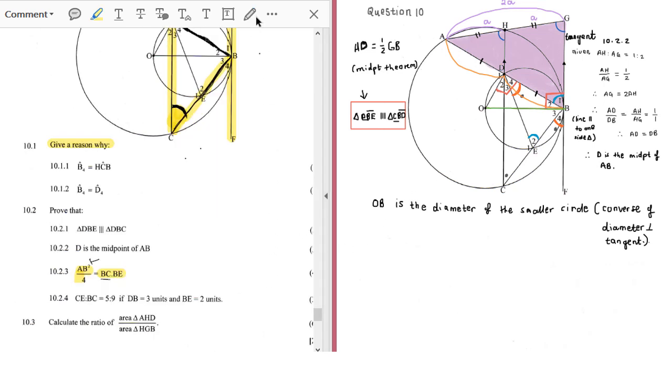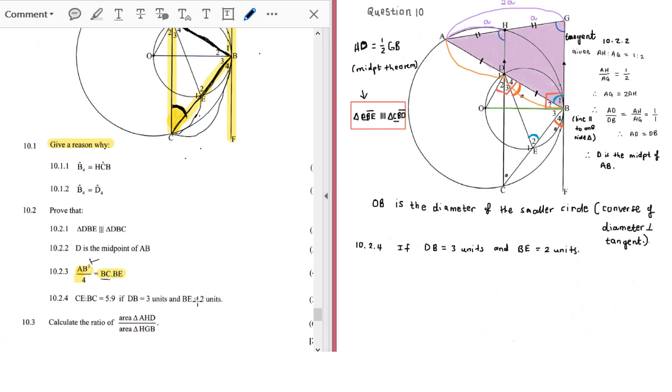The next question says we need to prove that CE to BC is in a ratio of 5:9. And we need to do that, this is 10.2.4, by using the information that DB is equal to 3 units and BE is equal to 2 units.